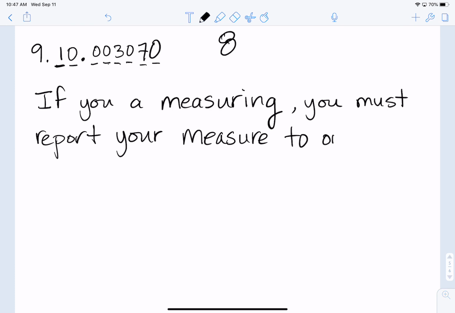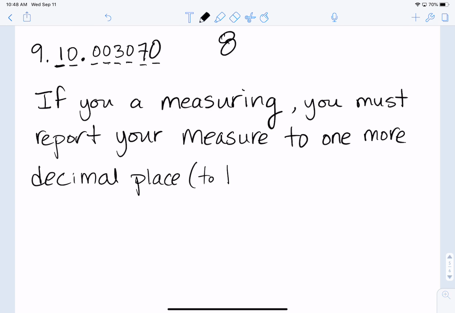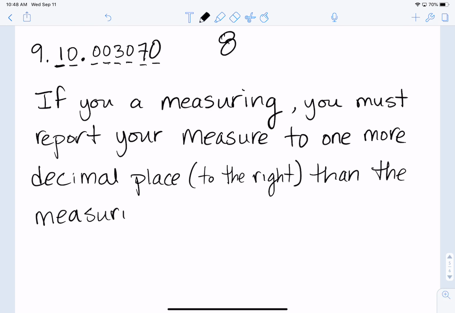To one more decimal place, and that's to the right. One more decimal place than the measuring device. Lots of words here. Measuring device.